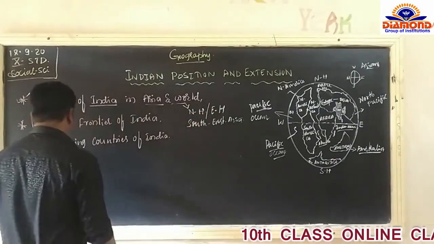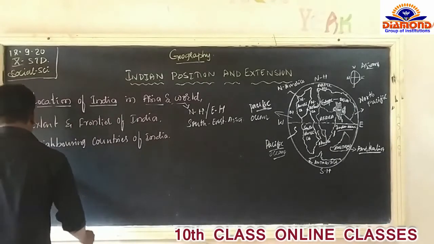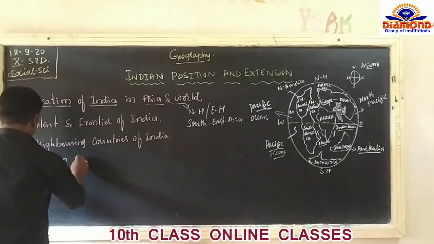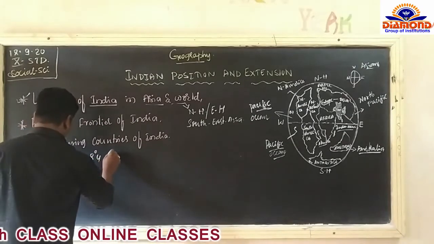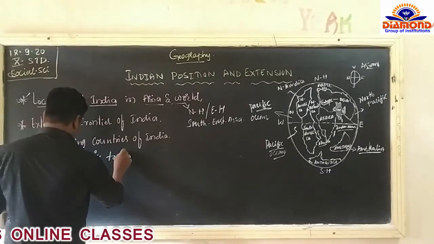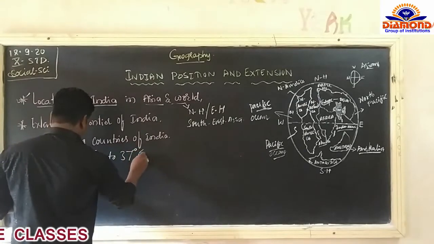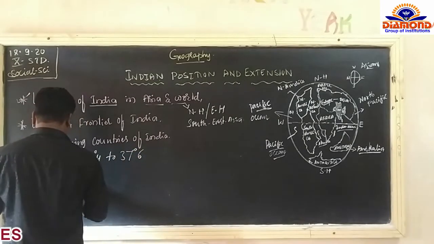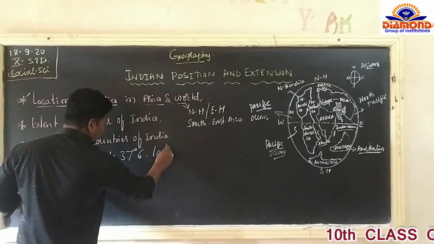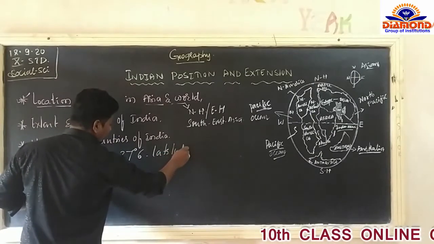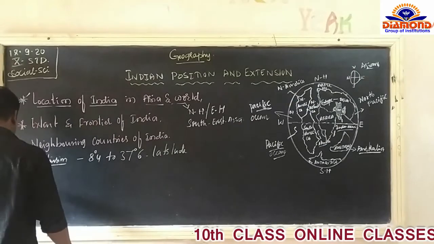When we come to know about the longitudes and the latitudes, it says that India extends from 8 degree 4 to 37 degree 6. We call it the latitude.